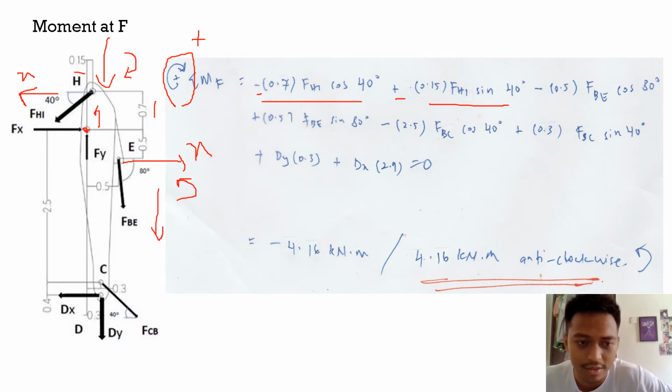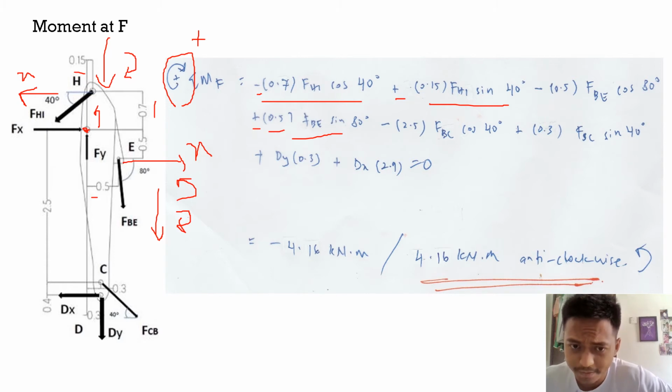Then the tendency of the rotation is also clockwise. Okay, so the distance is 0.5 here, and here I put positive because the tendency of the rotation is clockwise. So plus 0.5 FBE sin 80.